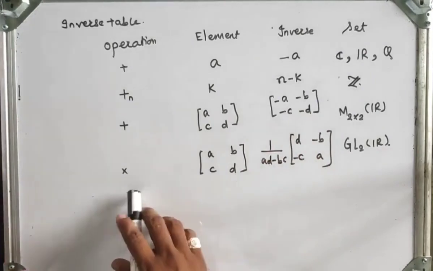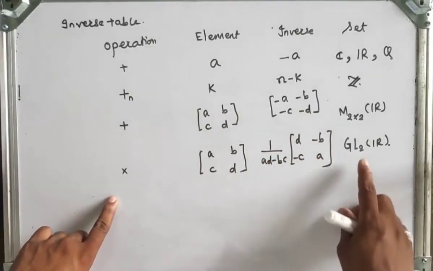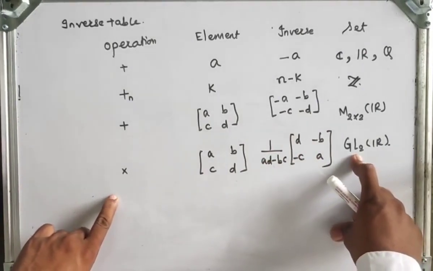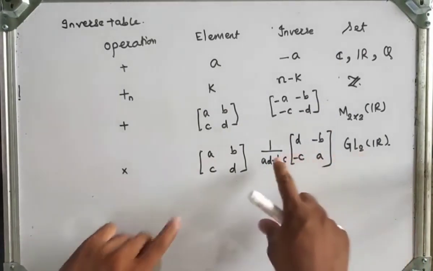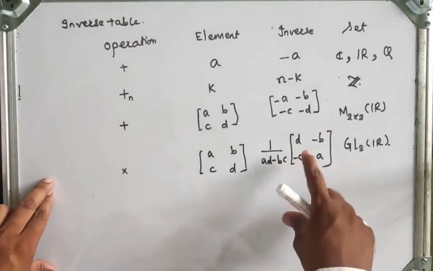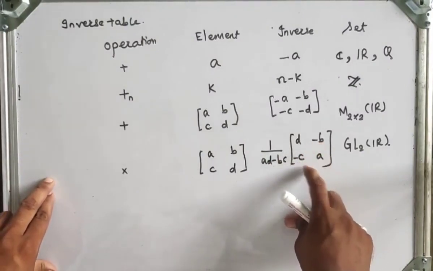Now in the multiplication operation in the general linear group of all 2 by 2 matrices, if I take A B C D, then the inverse will be 1 upon AD minus BC into D, minus B, minus C and A.